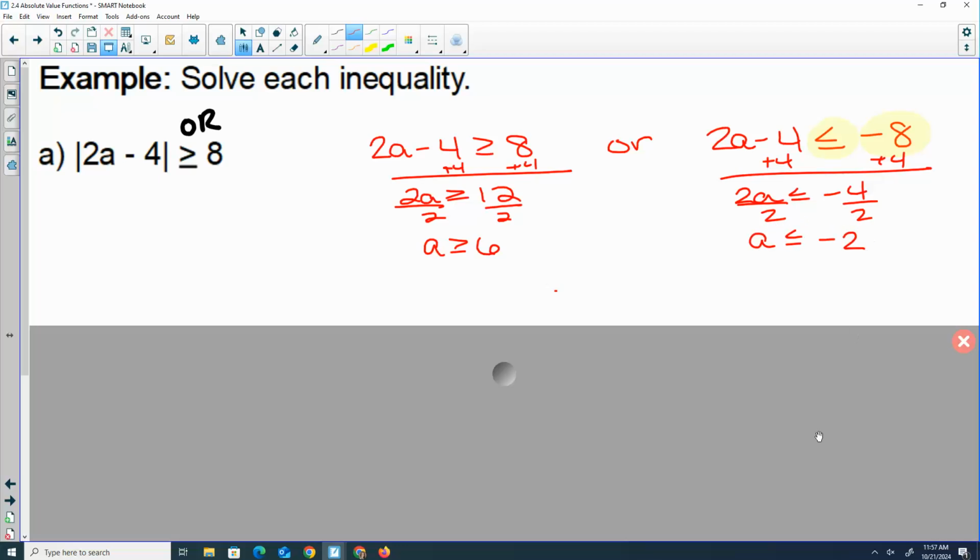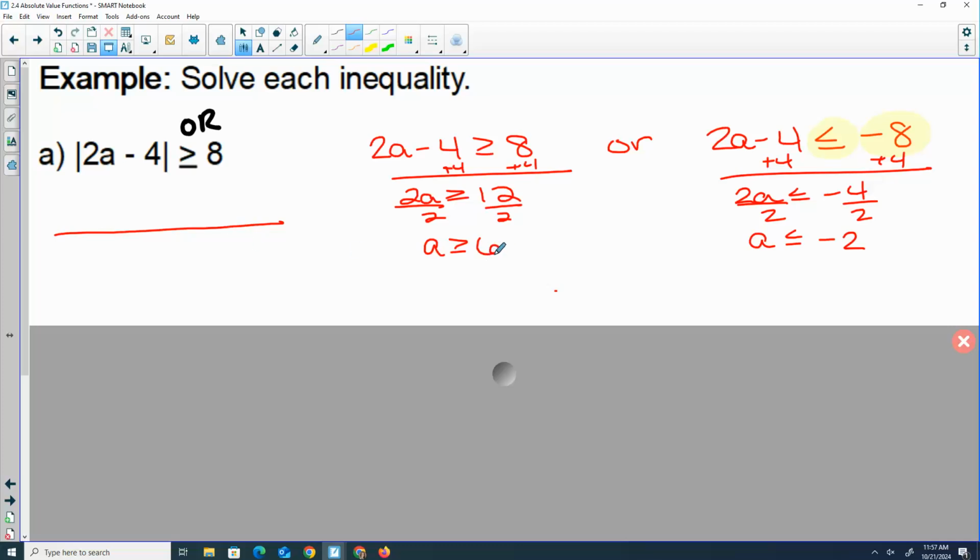Okay, if you divide by a negative. From here, I think Mrs. Keller always had you guys draw a graph, and you certainly can. If you don't need to, you don't have to.